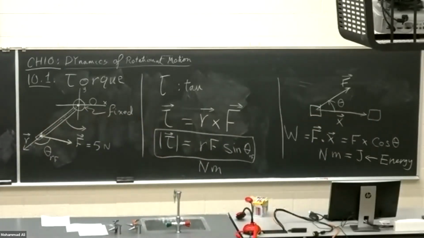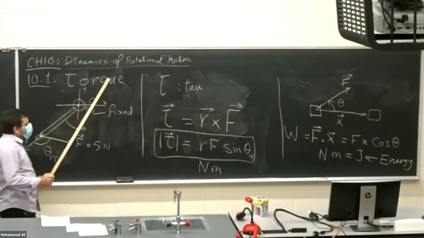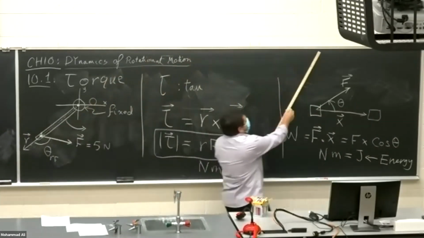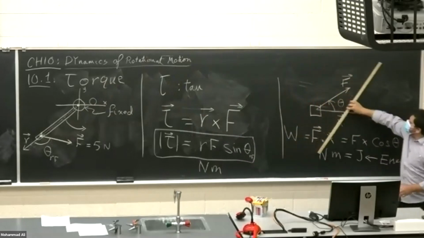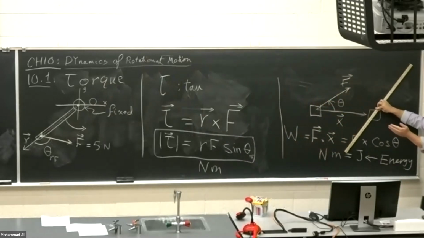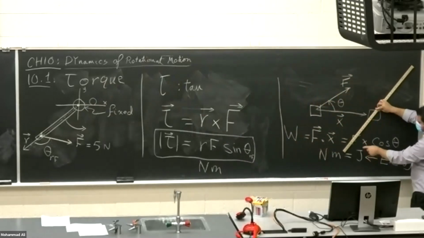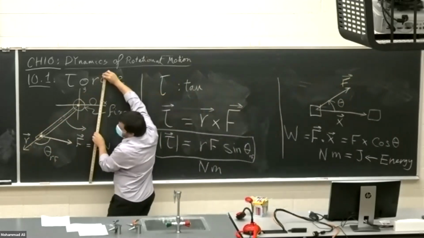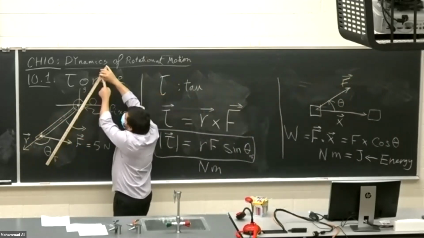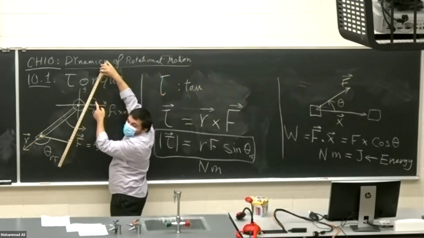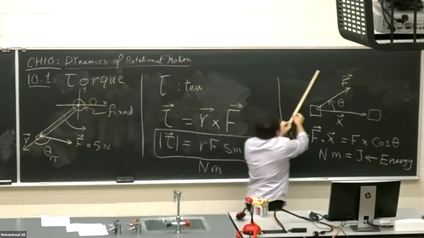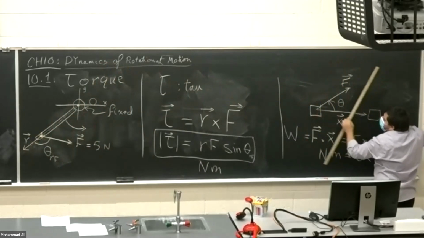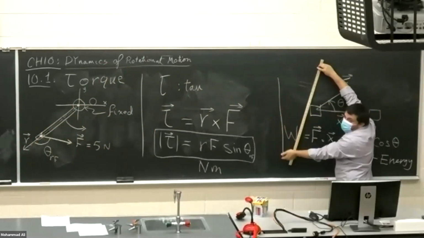I'll show you this. If I move this thing, then I put in energy F x, which is in joules, newton meter. But if I move it like this, I didn't move R, I didn't change R. X here will change from point to point, but R is the same.